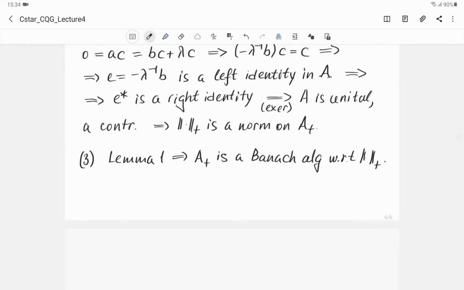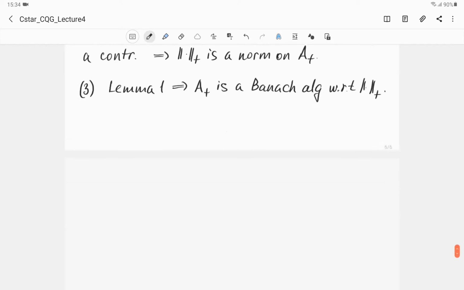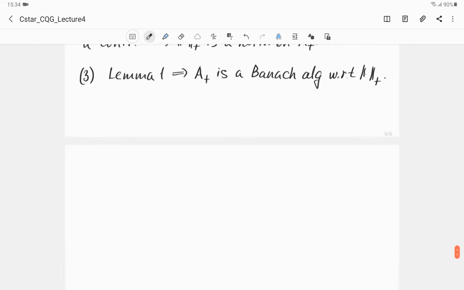So we have to show that it is a C-star algebra. To prove that this is a C-star algebra, we take any two elements, say little a in A plus and B in A. And let's try to estimate the norm of their product. So for convenience, we'll take the square of this norm.